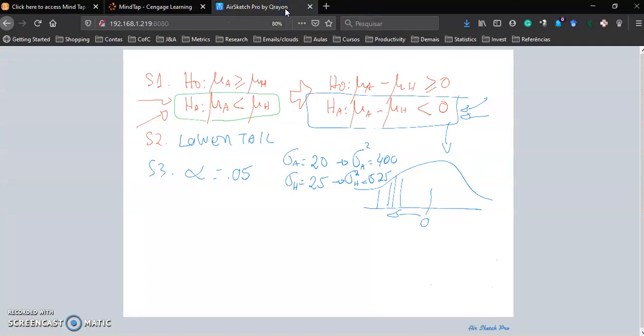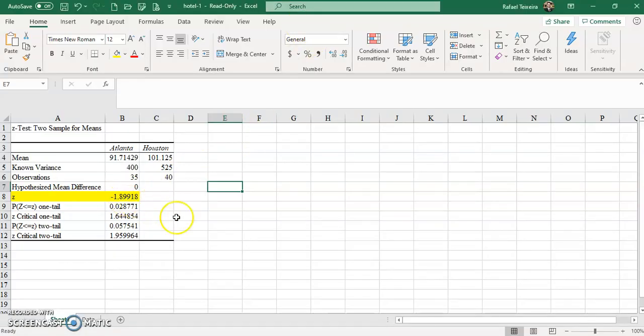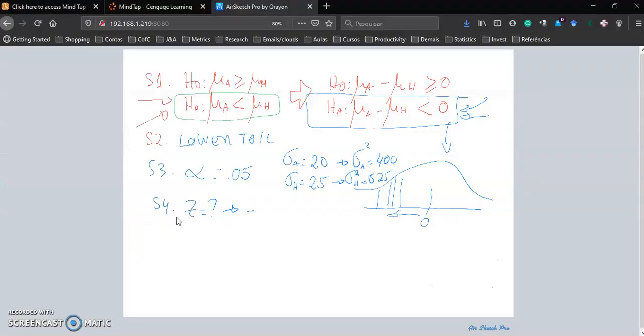If I go back to here, this would be my step 4. What's the z? The z is given by Excel, computed here: negative 1.90. Remember I told you that that's a lower tail test. So it's negative 1.90, somewhere here. The next step is to use the critical value or the p-value approach.